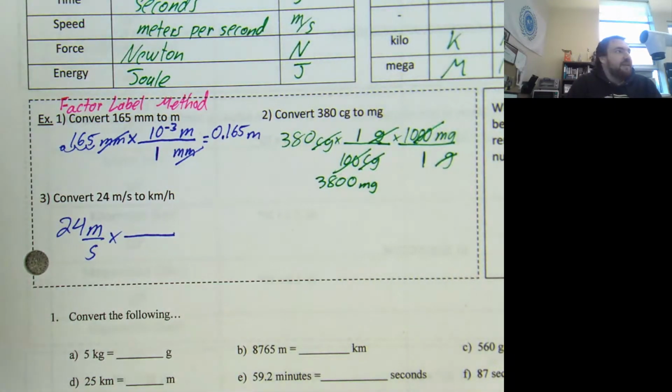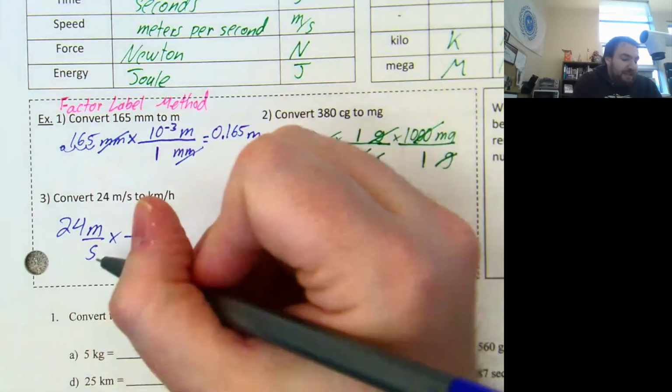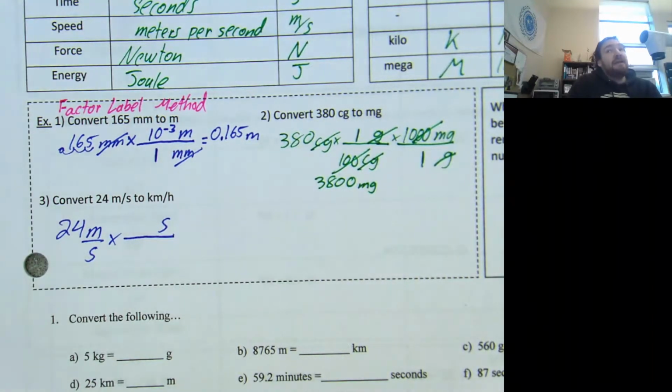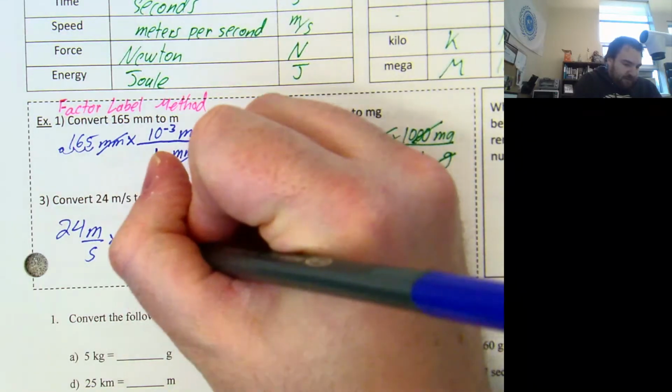I don't particularly care. Deal with the seconds first, okay? So if we're going to replace the seconds in the denominator, we're going to put seconds up in the numerator, and now the question is, do you want to go straight from seconds to hours? Can you go straight from seconds to hours? Or is there an in-between sized unit we should go to that you are more comfortable dealing with? Ari wants to go to minutes, okay?